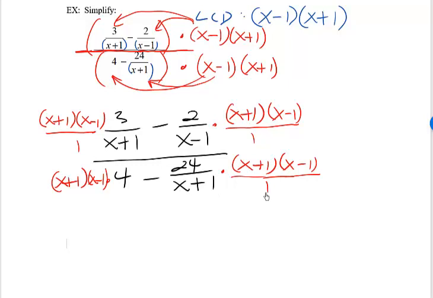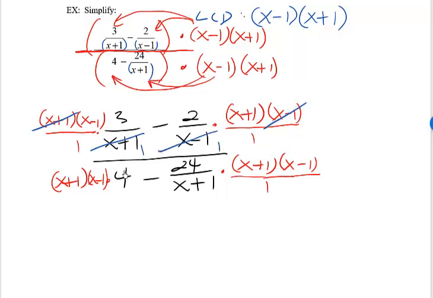Okay, how do we multiply fractions? Well, we start off by seeing if we can do any cross-canceling. We definitely can here. Remember, all of the little denominators are about to be equal to 1. It's pretty simple. In the first guy, it's the x plus 1s that drop out. In the second one, it's the x minus 1s that drop out.